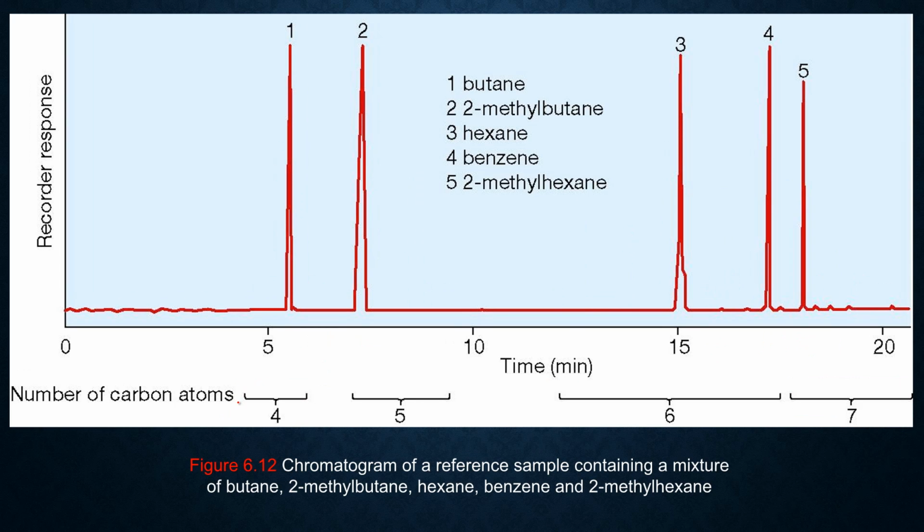So in the second chromatogram, it shows a set of standards. So here we actually have 1, 2, 3, 4, 5. This time we've run a set of standards through the chromatography machine, and we get clear bands at 6 minutes, 7 minutes, 15 minutes, 17 minutes and 18 minutes.